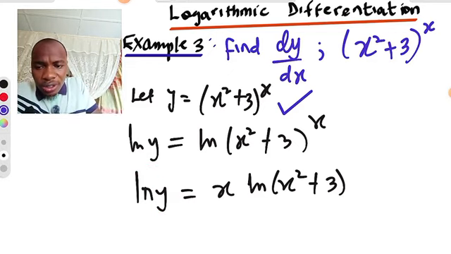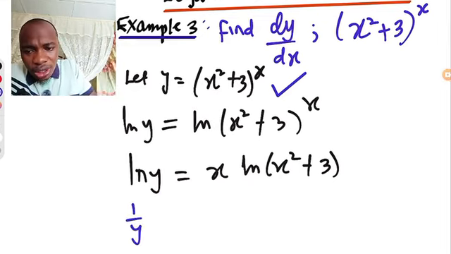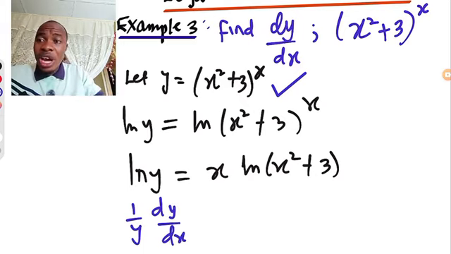To differentiate ln of y, we have 1 over y times dy/dx, because it is y you are differentiating, so you must multiply by dy/dx.